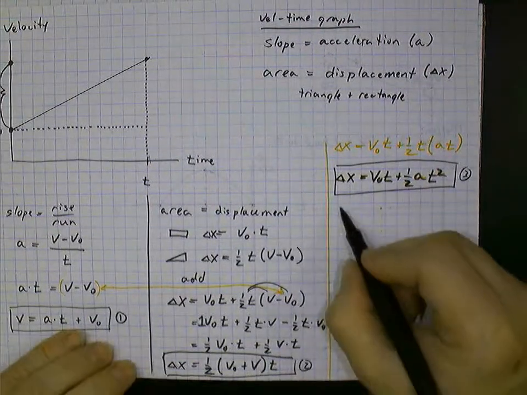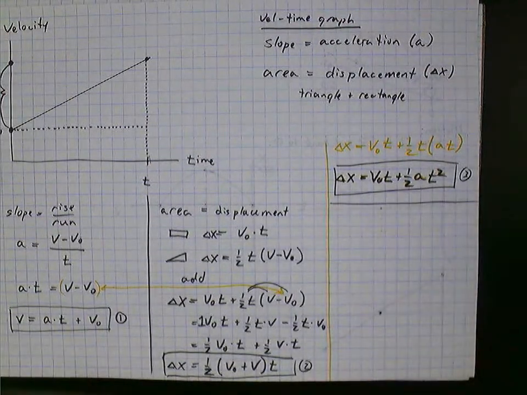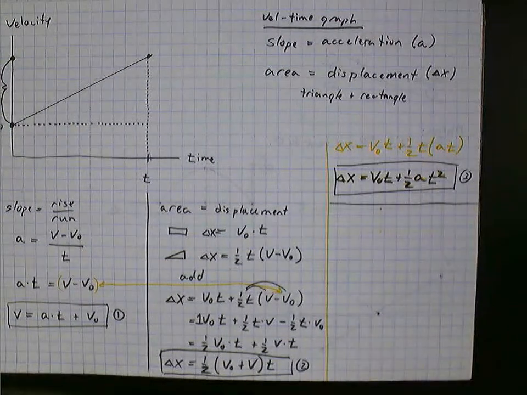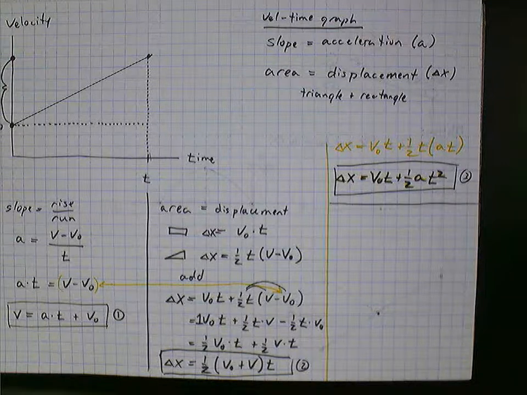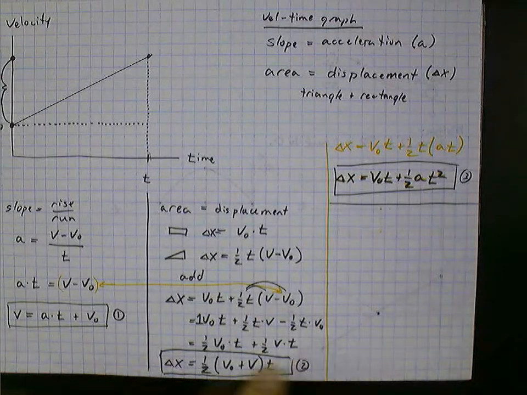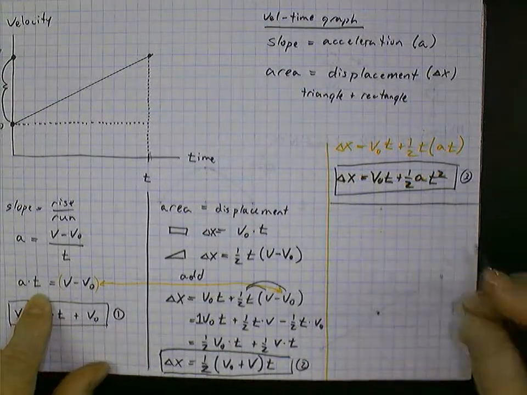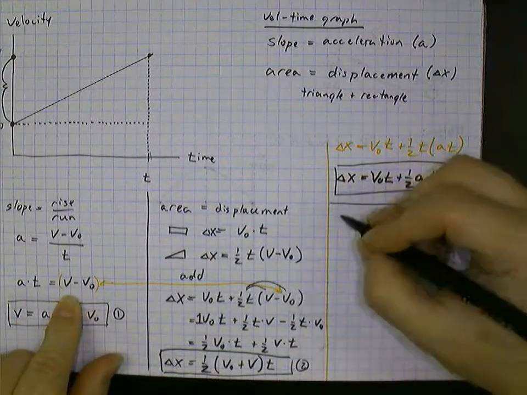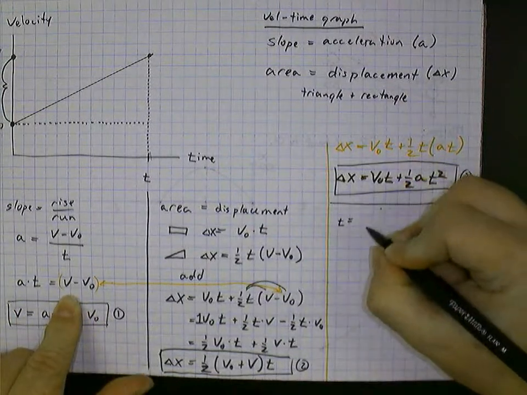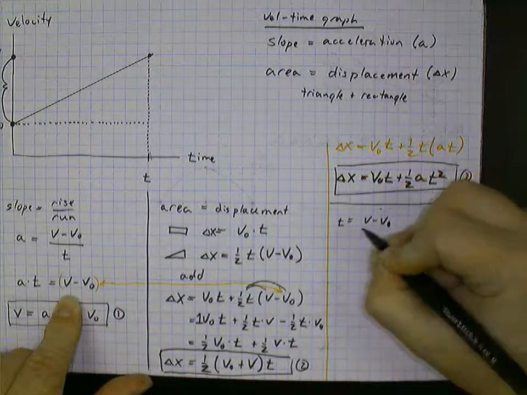And the last one is obtained by solving for t and substituting. So I'm going to take this equation and solve it for t. Coming back over to here, I get that t would equal v minus v initial over a.